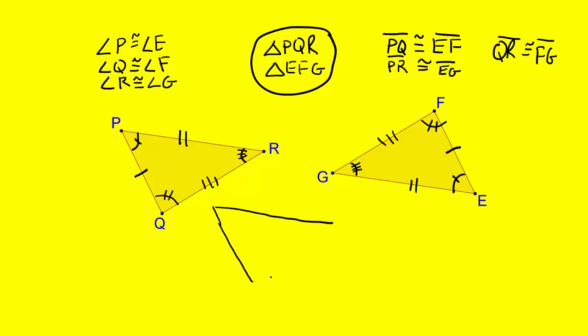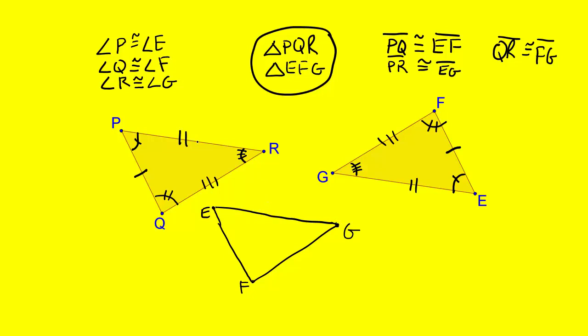And again, this is just freehand, so you could try your best. I know angle P and E were in the same position, so I can say this is angle E. And then I know angle Q matches up with F, so I say this one is F. And then R matches up with G, so R would match up over here with G.